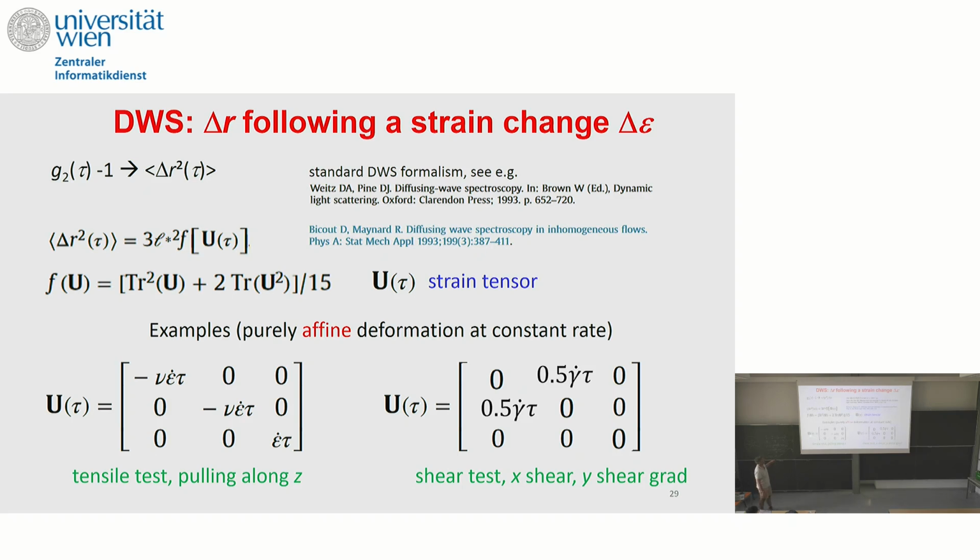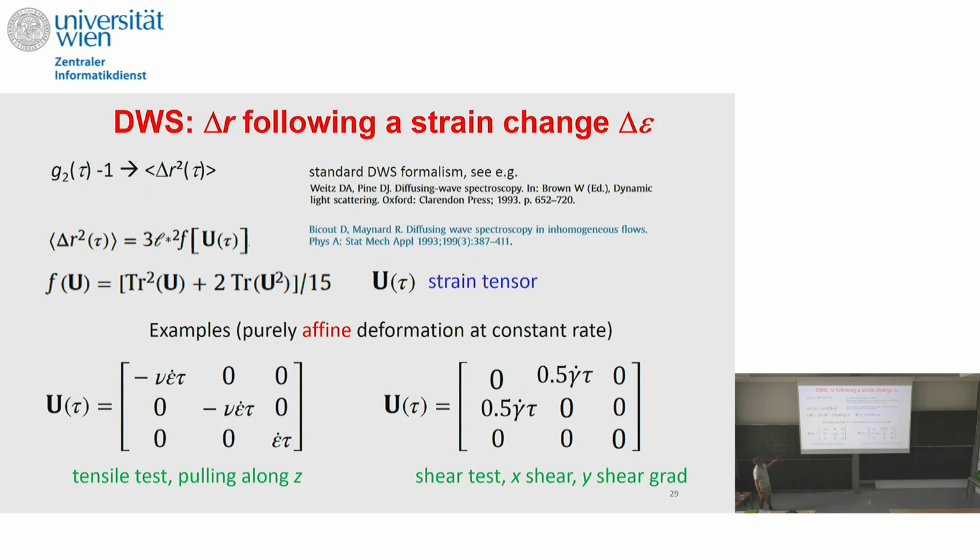For my tensile test, for example, this is the strain tensor. This nu here is the Poisson ratio, which accounts for the fact that as I'm pulling like that, my sample elongates in this direction, but it squeezes in the other directions. This epsilon dot is the rate at which I was pulling, and this tau is my time delay.